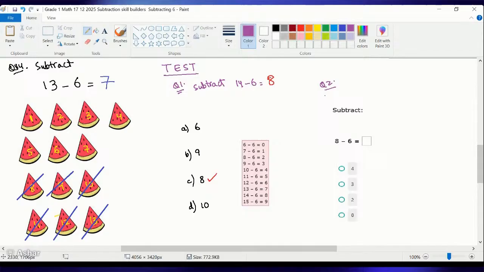So what should it be equal to? 8 minus 6 should be equal to option C. Very good. 8 minus 6 would be equal to 2, and we click on option C. Nice. Let's try another.